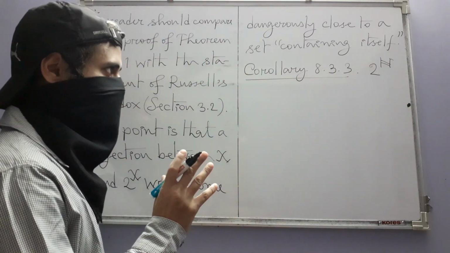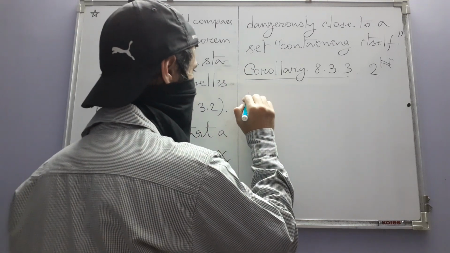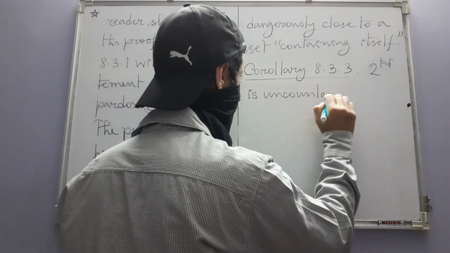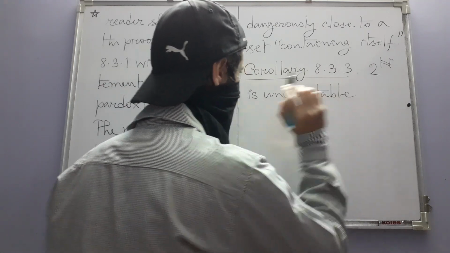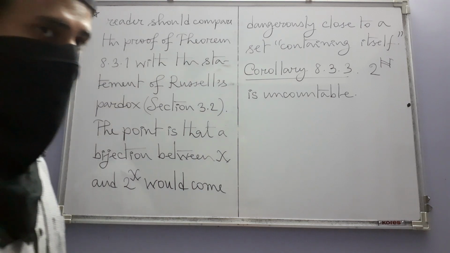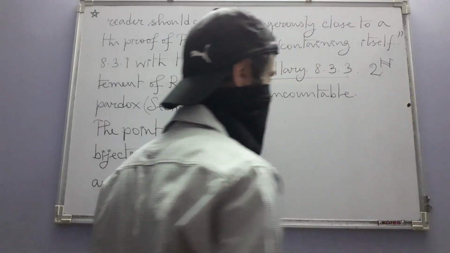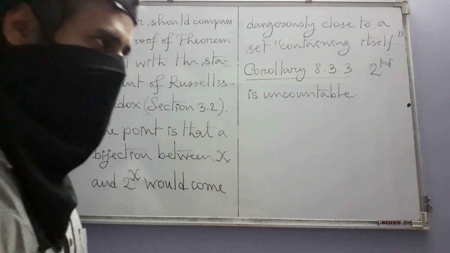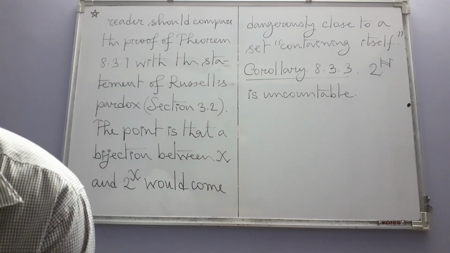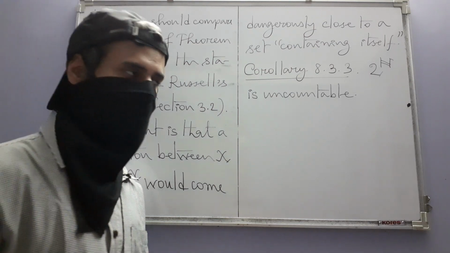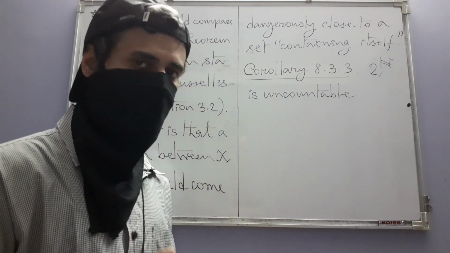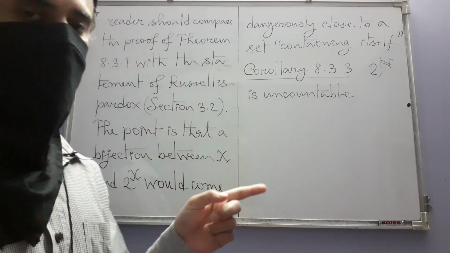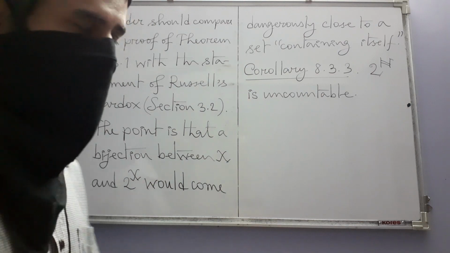The power set of the set of natural numbers is uncountable. So this provides us with a concrete example of an uncountable set for the first time. We have been mentioning that the real numbers form an uncountable set, but we haven't proved anything like that before this point. So now we are going to show that this particular set is not countable.